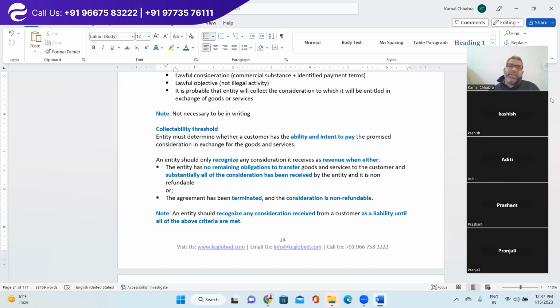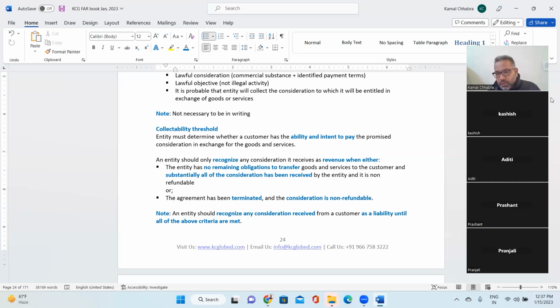They have already transferred the car and there is no remaining performance obligation, or substantially they have transferred the performance obligation, right? Hence they can recognize the revenue.